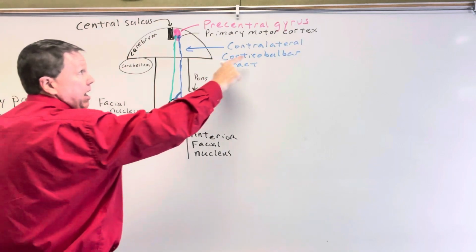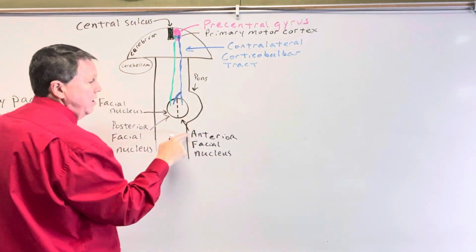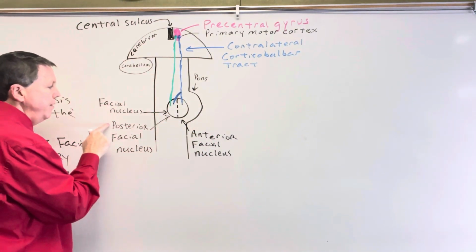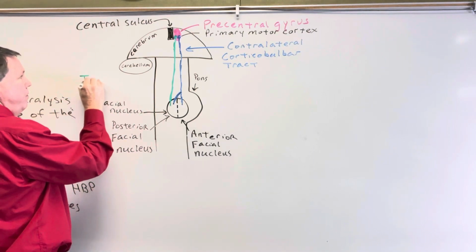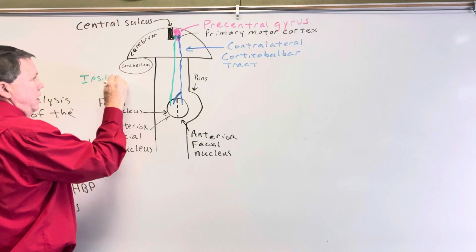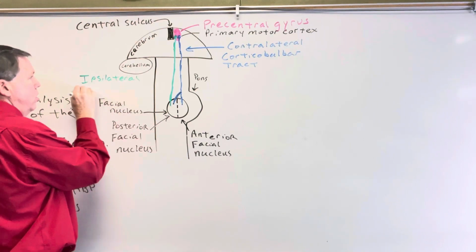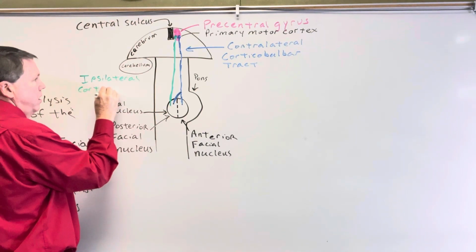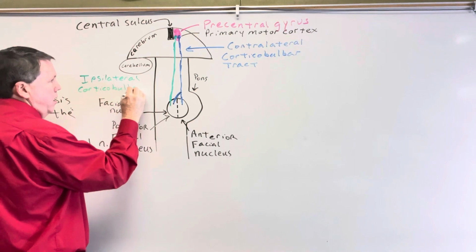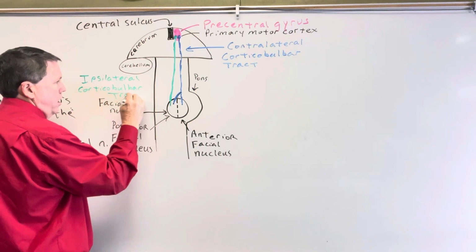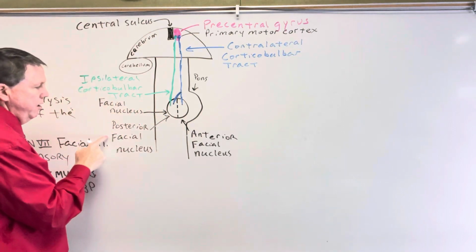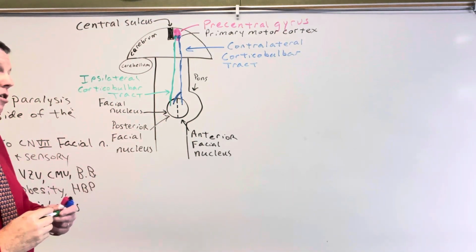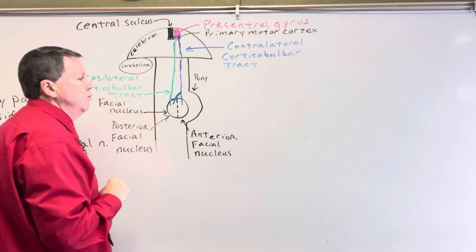So my contralateral cortico-bulbar tract goes into the anterior facial nucleus and the posterior facial nucleus. My ipsilateral cortico-bulbar tract only goes into the posterior facial nucleus. So you see that? Now let's see why that's important.